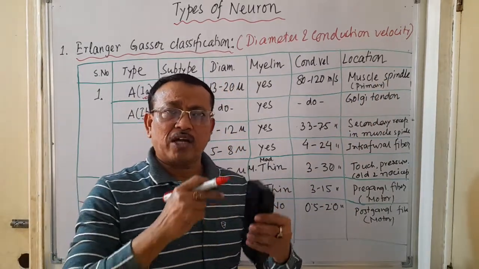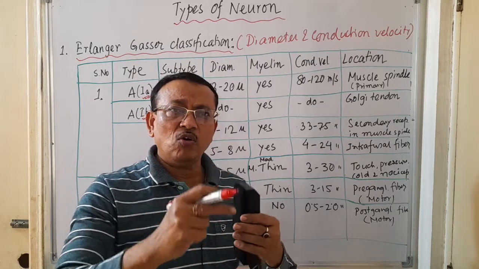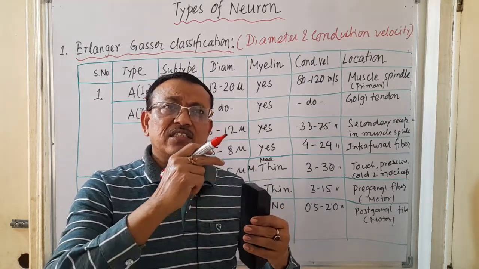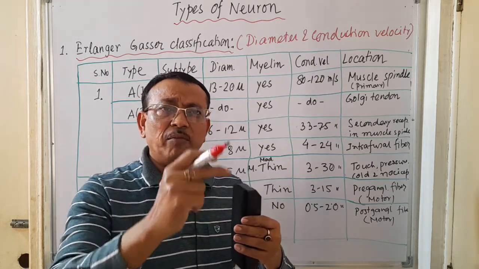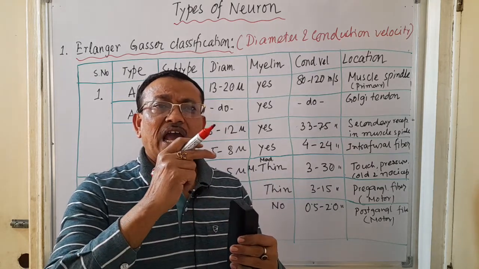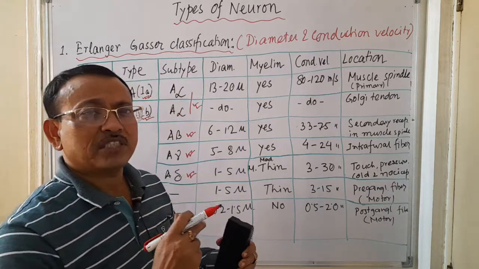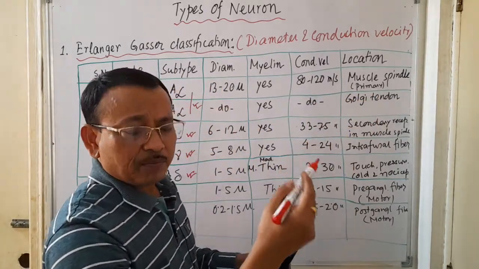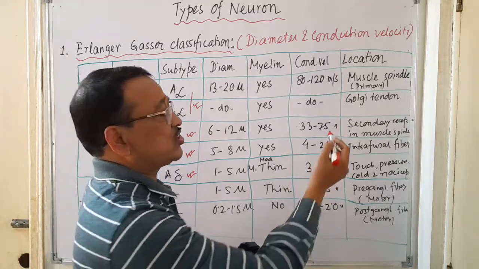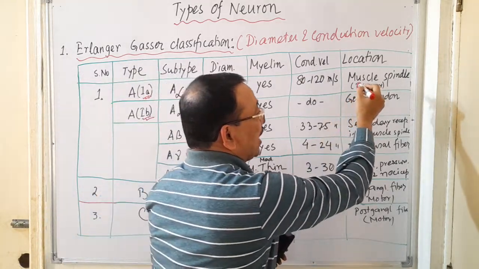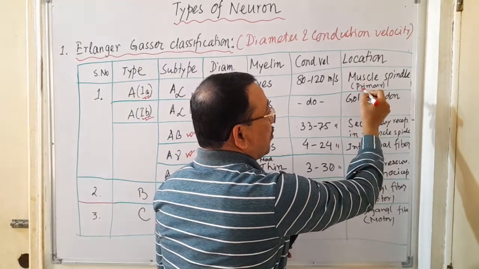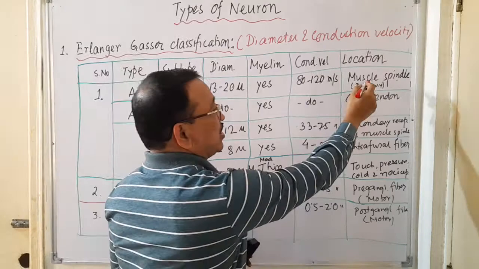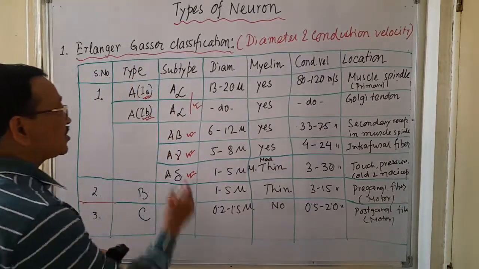In the central part of the muscle spindle, there is an annulospiral ring. Nerve fibers make a coil structure at the center of this muscle spindle, which are known as the annulospiral endings of the sensory neurons. These neurons are known as the primary sensory neurons of the muscle spindle.